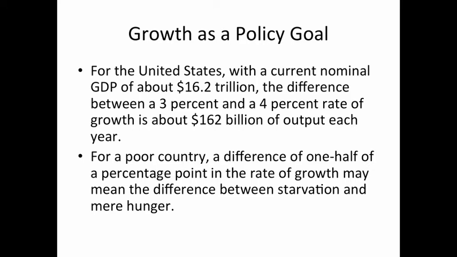So the difference between the US growing at 3% and 4% is worth tens and tens of billions of dollars of economic output each year. So these small changes in growth rates have large effects in terms of economic development. For a poor country, this could mean the difference between starvation and simply being hungry. A very small difference in growth rate can have a large effect.